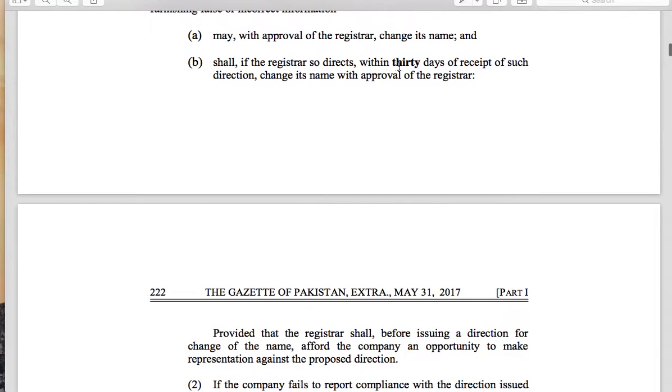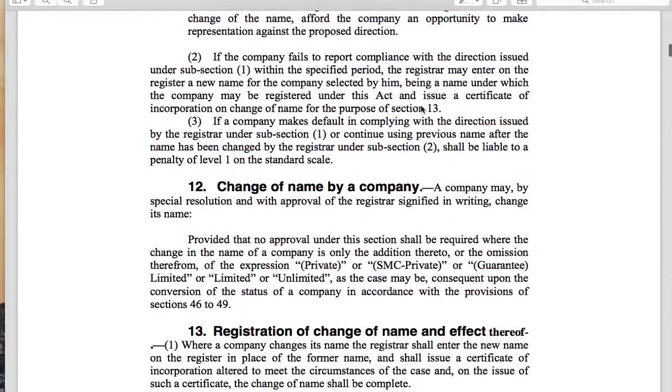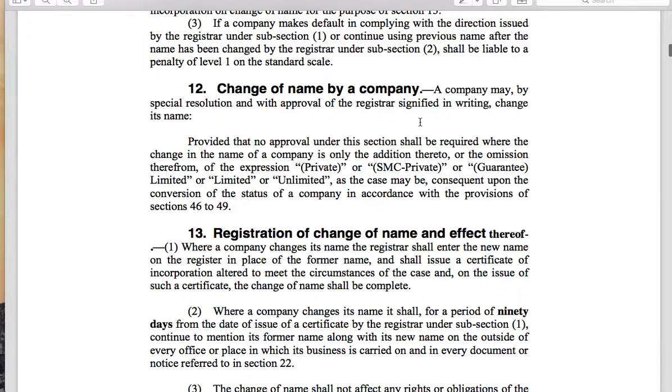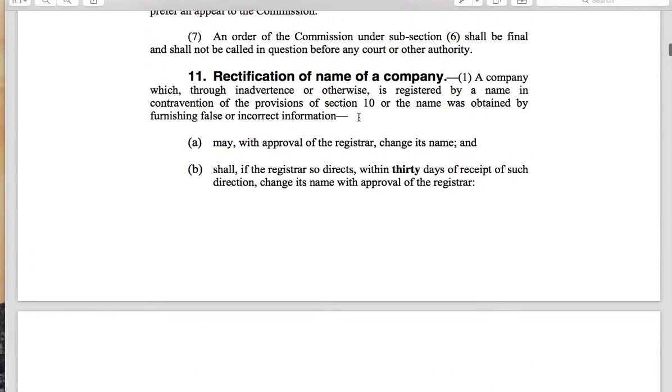So you have to inform them in 30 days, and all the procedure is laid out here. Change of name by a company, this gives you the option of change, and this is a rectification.